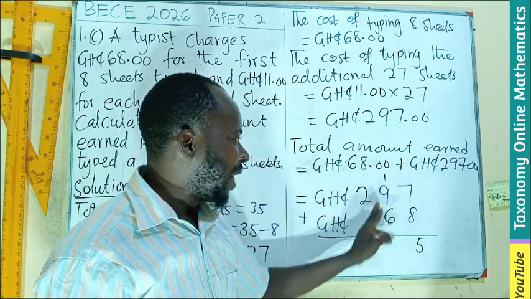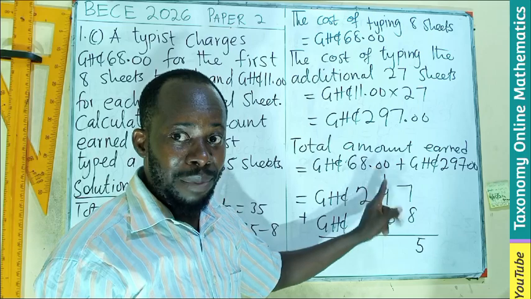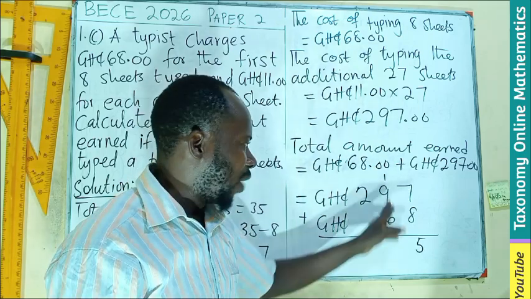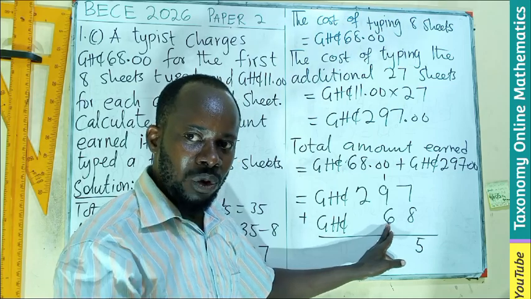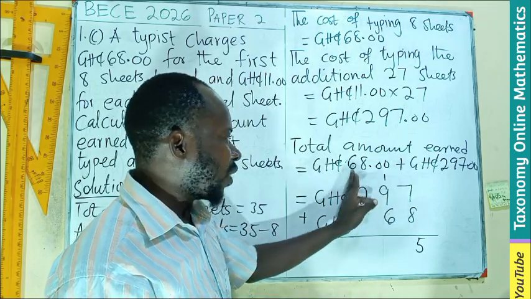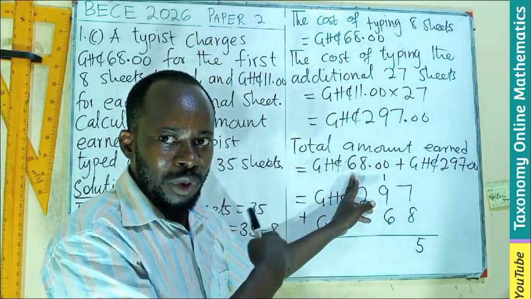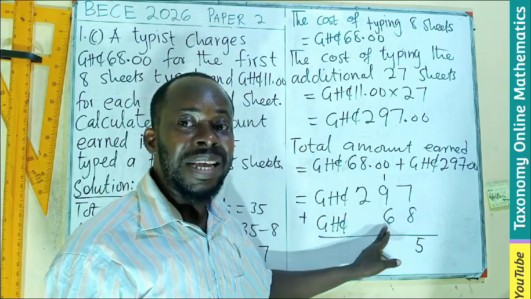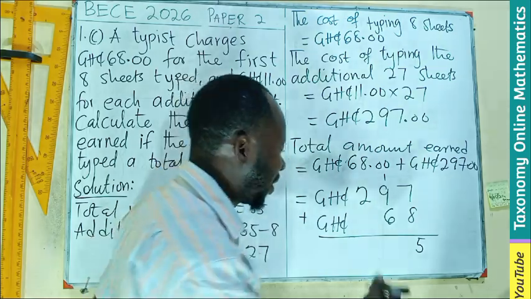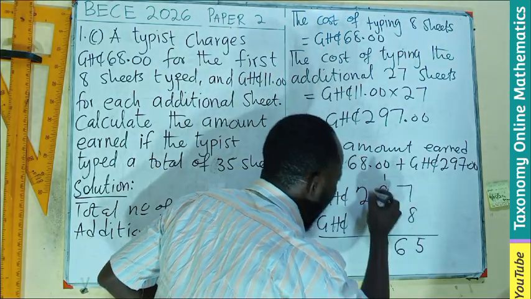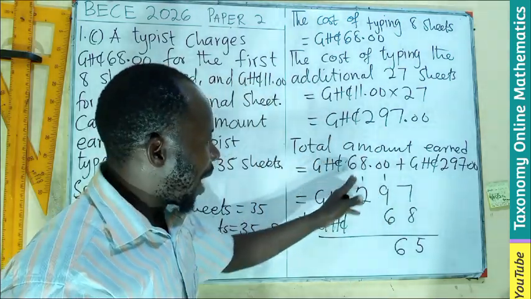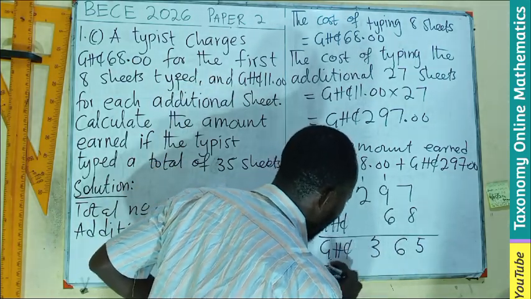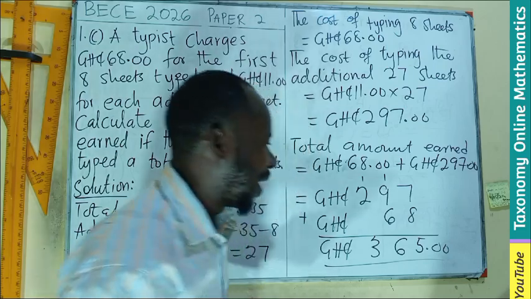So 10 plus the 90 gives you 100. It means 100 cannot be in this digit. So I write some digit and transfer the 1 to the 100 column. So this plus this is 10 plus this is 16. Meaning I'll be having the 6 here, carry the 1 in the 100 column, add it to this to give you 300.